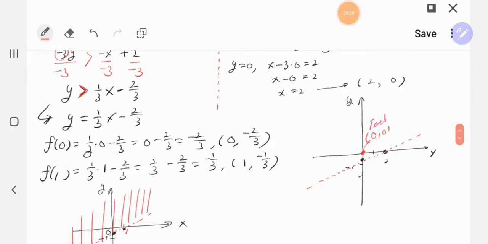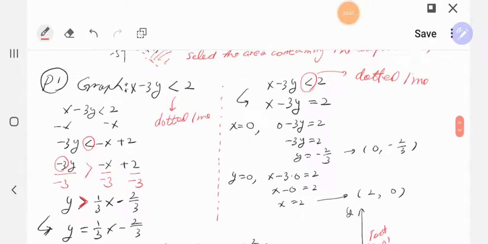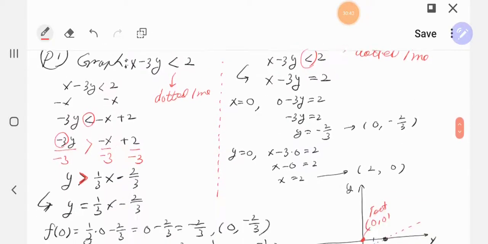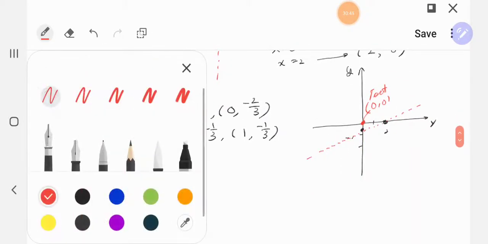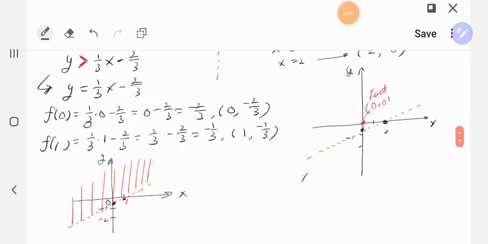Test 0, 0. So plug in 0, 0 into x minus 3y is less than 2. 0 minus 3 times 0. Is it less than 2? We don't know, right? Then this is 0, and 0 is less than 2.